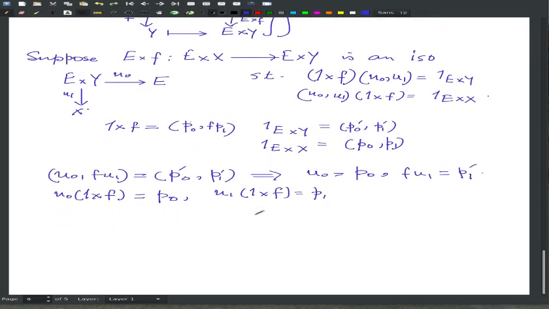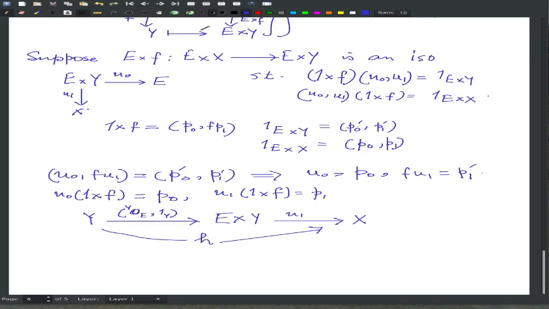So now you consider this map. So you take this to be U1 and this one you take the 0 map. So let me be very clear, from Y to E on one hand and the identity of Y on the other hand. Okay? So this is this map H, this composite.